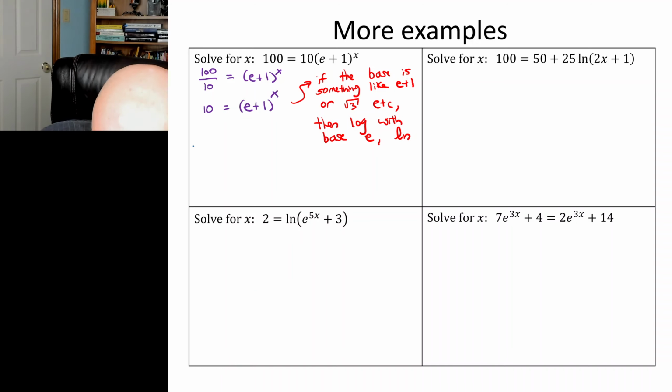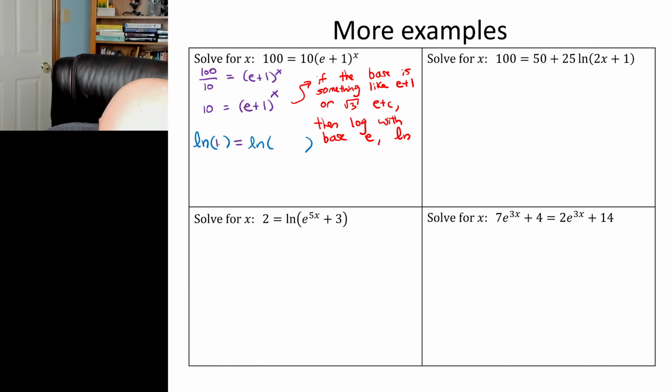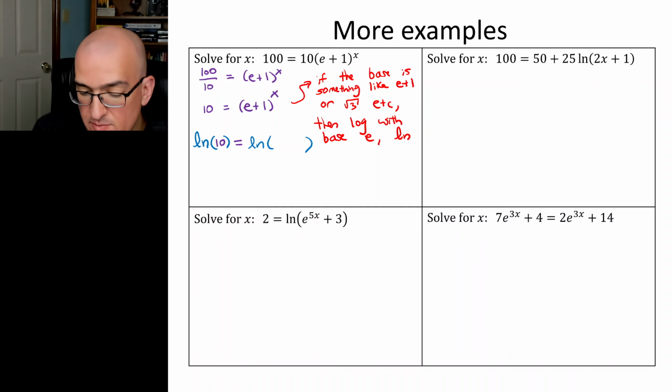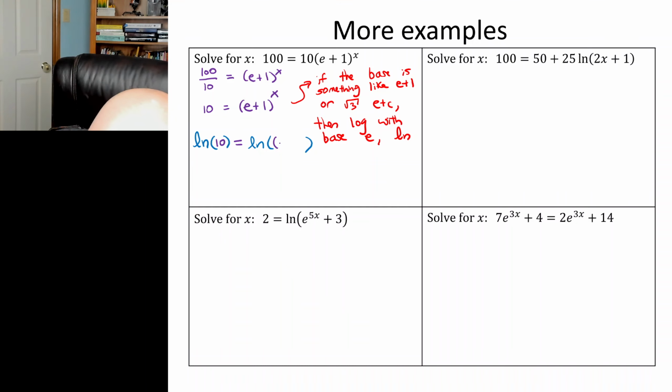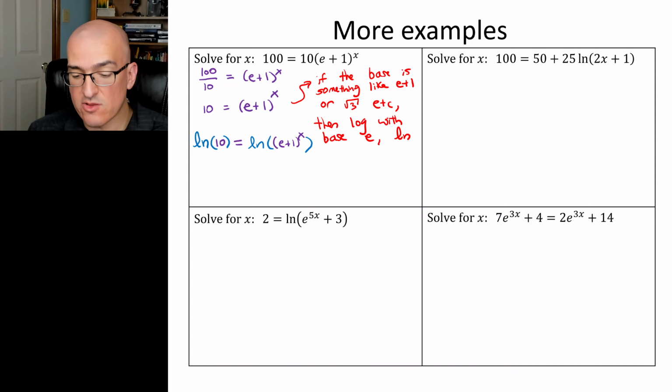So I'm going to take the ln of both sides, ln of the left side equals the ln of the right side. We're using ln because we want to untrap the x from the exponential function. Now I'm going to bring the x down in front using that log property.